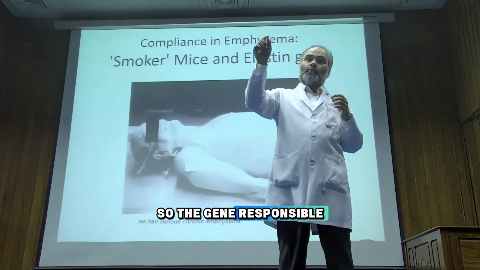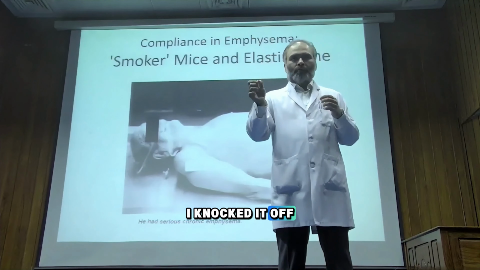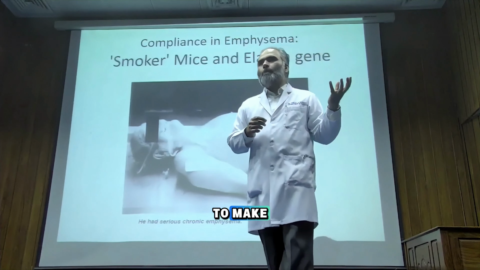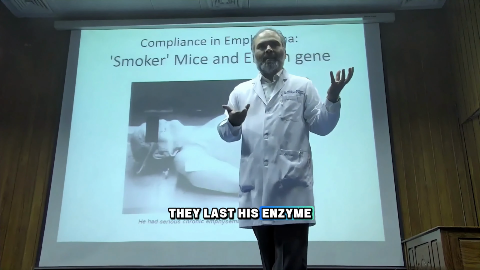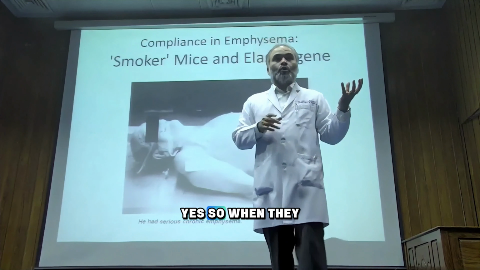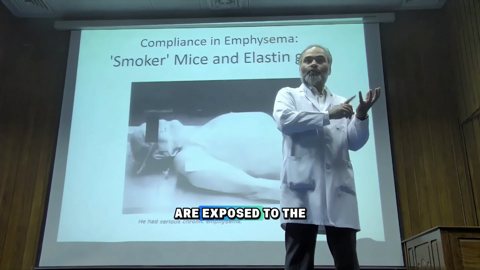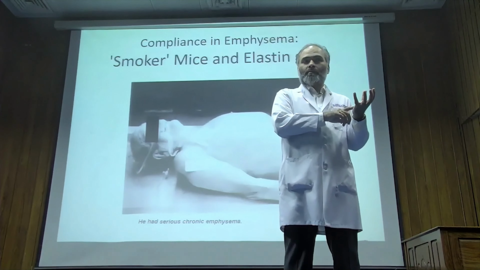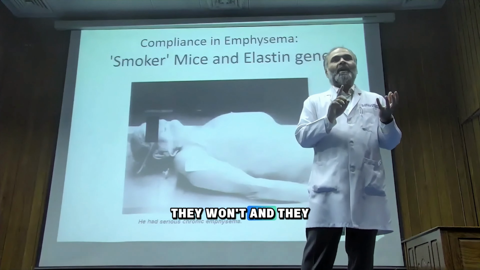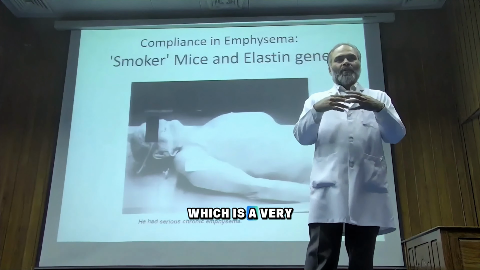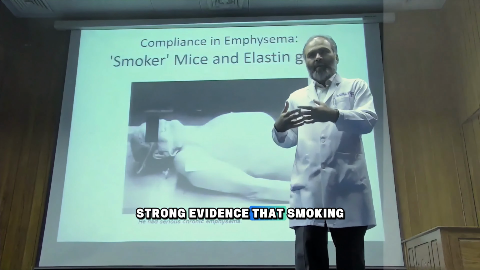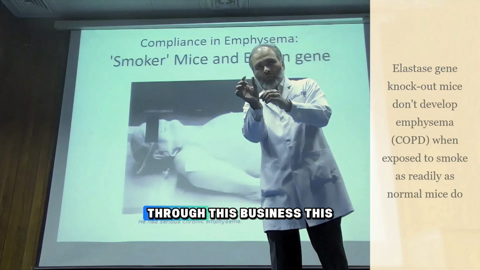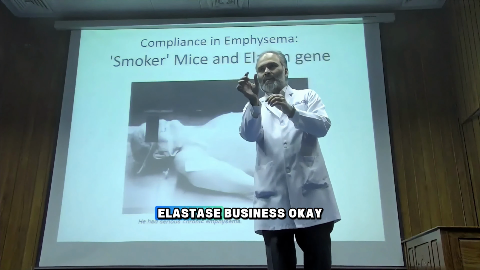So the gene responsible for making this enzyme, I knocked it off. I disabled it. This group of mice will not be able to make the elastase enzyme at all. Yes? So when they are exposed to the cigarette smoke, will they develop emphysema or not? They won't. And they didn't. Which is a very strong evidence that smoking causes emphysema through this elastase business.